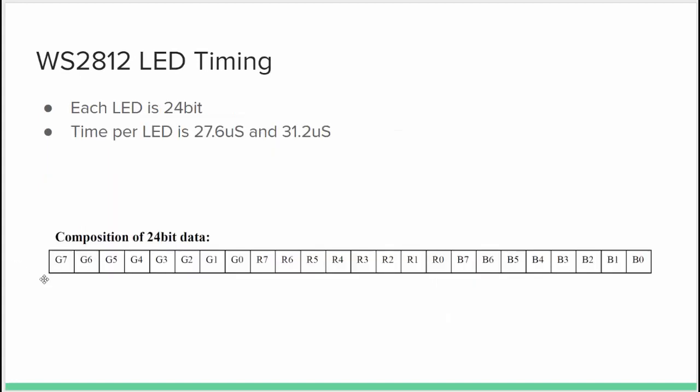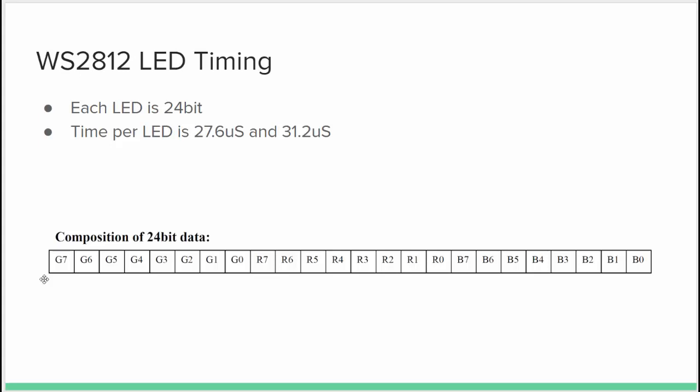To string these together, each LED is 24 bits. That means we're going to transmit patterns of 1s and 0s, which remember are actually highs and lows at specific lengths of time, in the pattern shown here in this 24-bit data. There's 8 bits for green, followed by 8 bits for red, followed by 8 bits for blue.